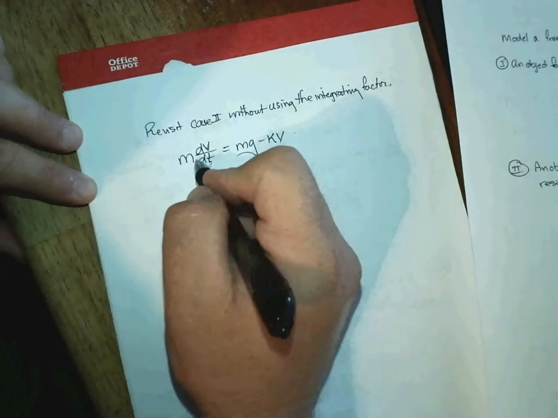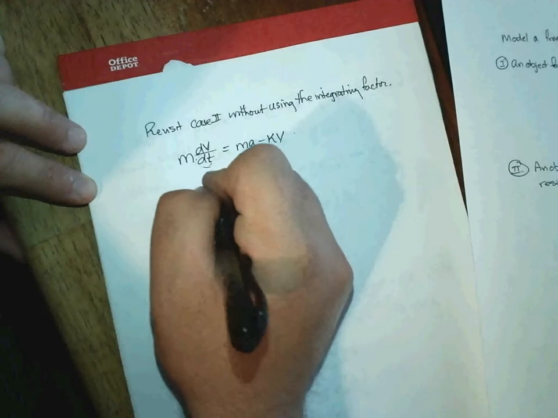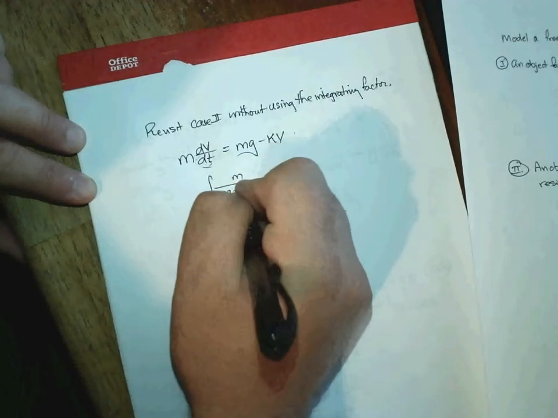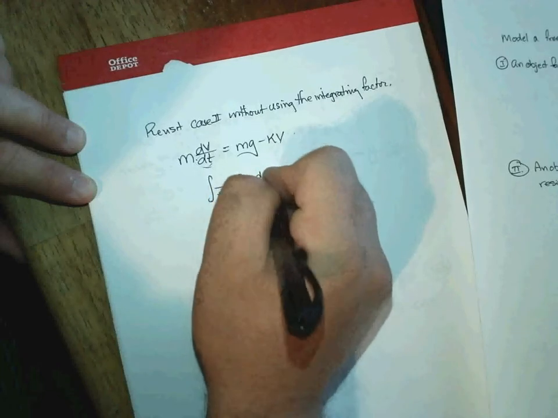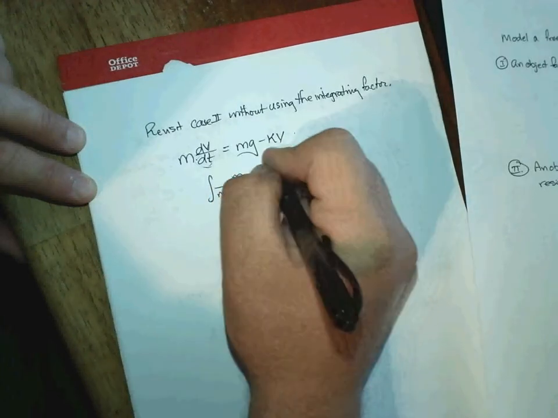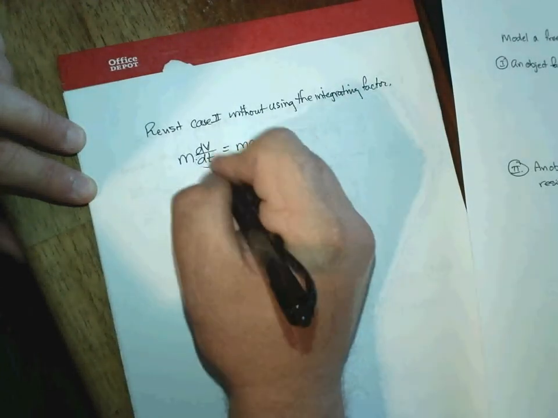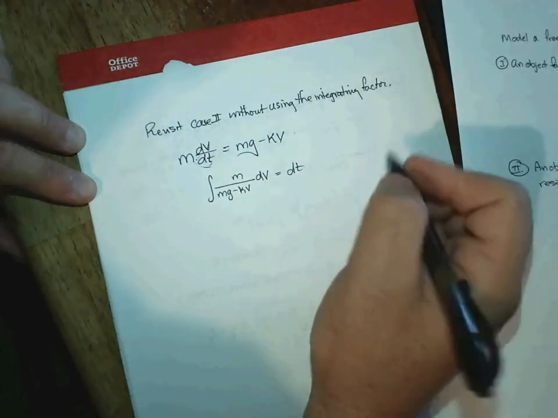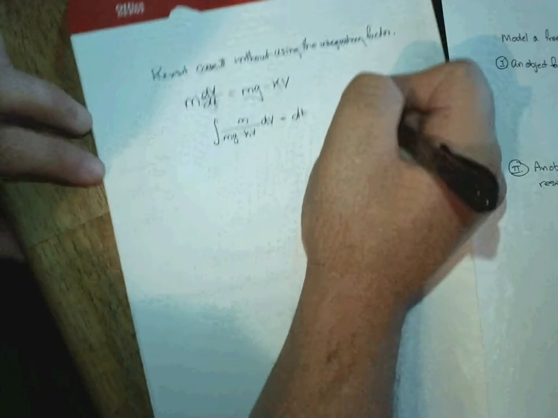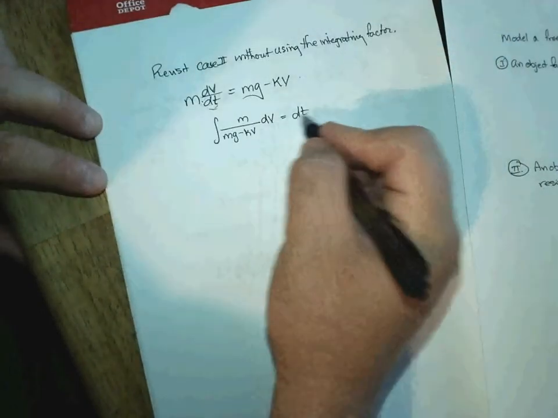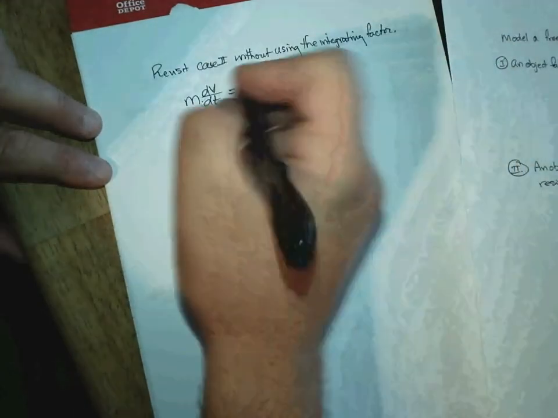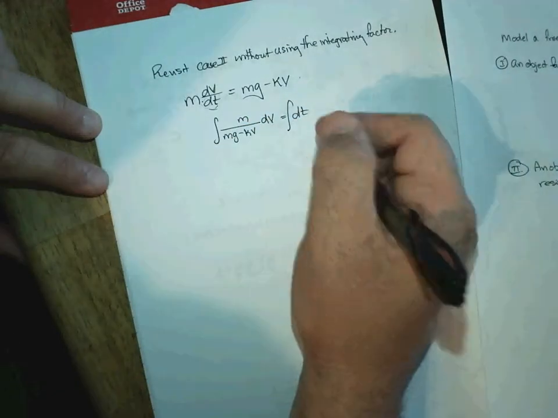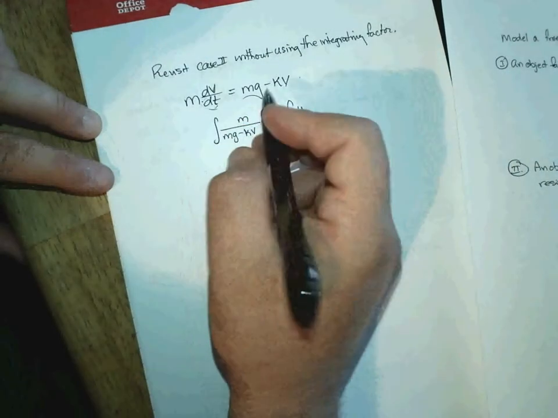This mg minus kv, you're going to bring down underneath here. And so you're going to get the integral of m over mg minus kv with respect to v is equal to, all this is moved, so all that's going to be up here is this dt coming up. And you have separated the variables. That's the technique we learned prior to the integrating factor. You integrate both sides of that and you're in business.